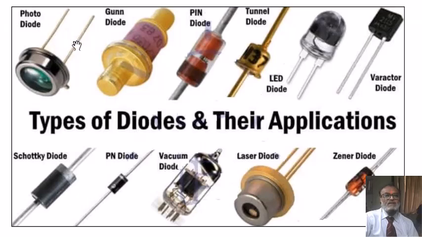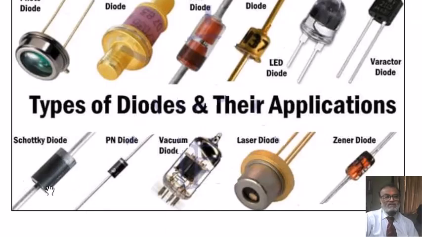Here you will see the photodiode. It consists of a glass window via which external light can go inside. One terminal is the anode, one terminal is the cathode. Whereas the light emitting diode has a glass window from which light comes out whenever it is forward biased. The ordinary diode consists of a cylindrical shape with a cathode mark on the cathode terminal in silver color.